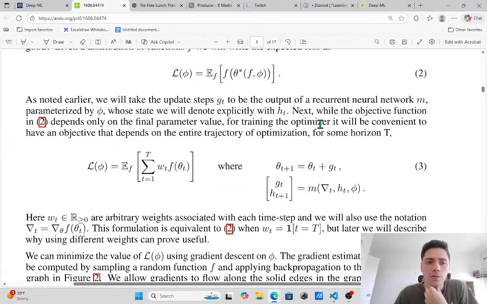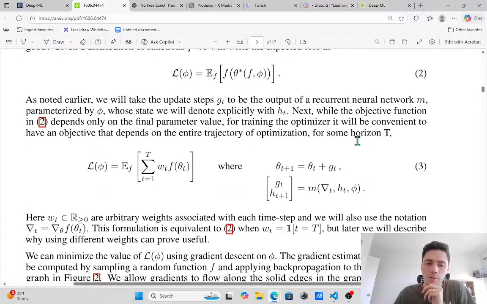While the objective function in 2 depends only on the final parameter value, for training the optimizers it will be convenient to have an objective that depends on the entire trajectory of the optimization for some horizon t.